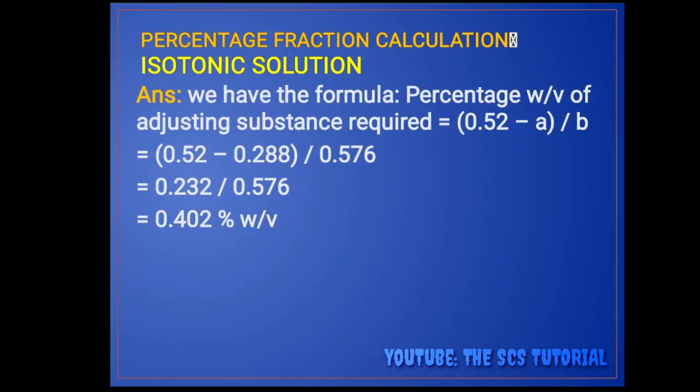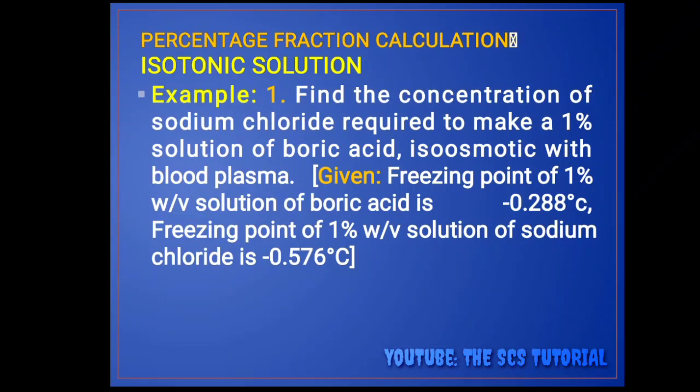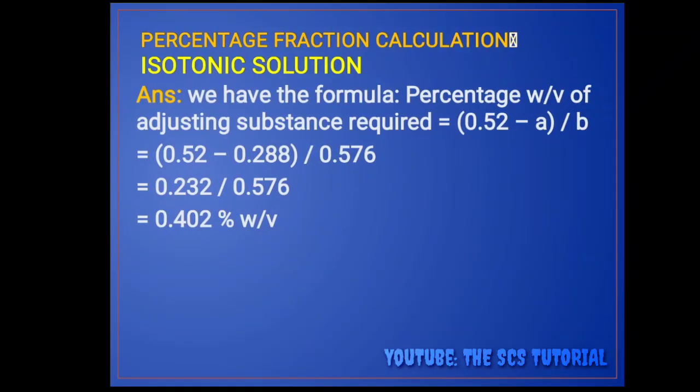It can be calculated with the formula: percentage weight by volume of adjusting substance required is equal to (0.52 minus A) divided by B. Here we put 0.52 minus 0.288, which is the freezing point of the 1% weight by volume solution of boric acid, divided by 0.576. At the end, we conclude that it is 0.402% weight by volume.